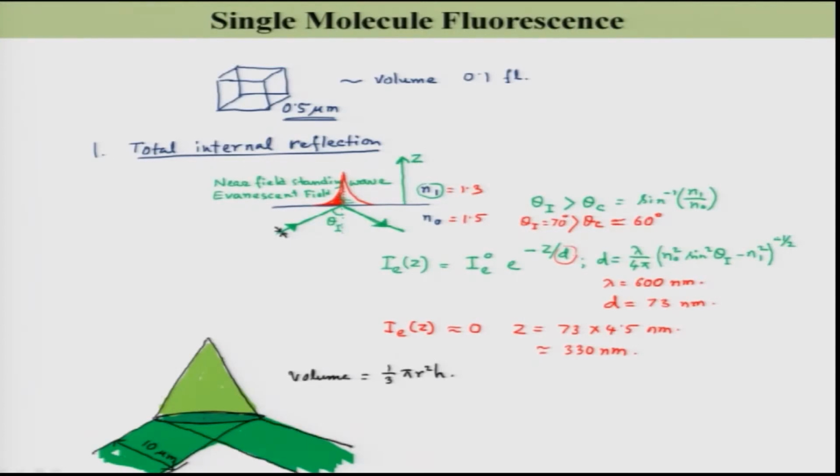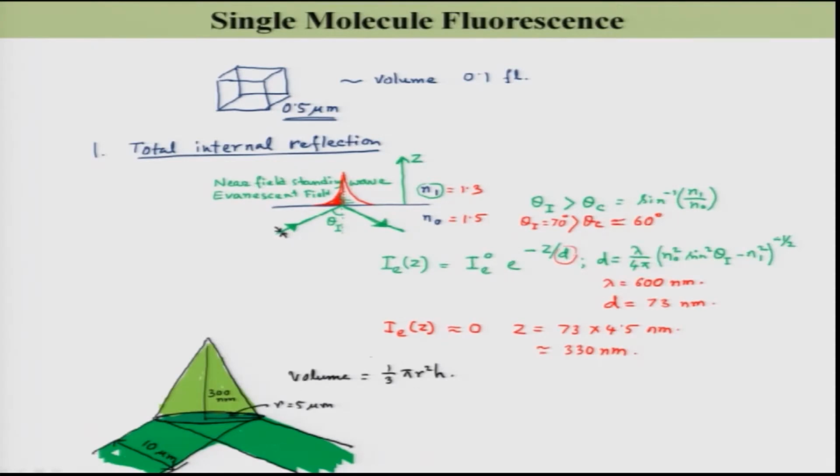So, then the radius will be 5 micrometer and the height, I have just roughly calculated, will be around 300 nanometer, or 0.3 micrometer.